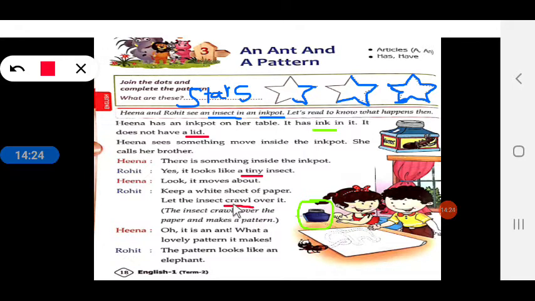So crawl. Do you know what is meant by crawl? C-R-A-W-L. Crawl means move forward on the hands and knees, or by dragging the body close to the ground, or creep, we can say.